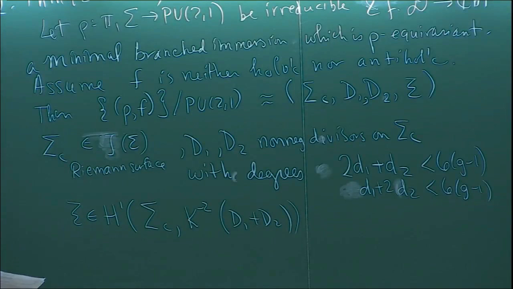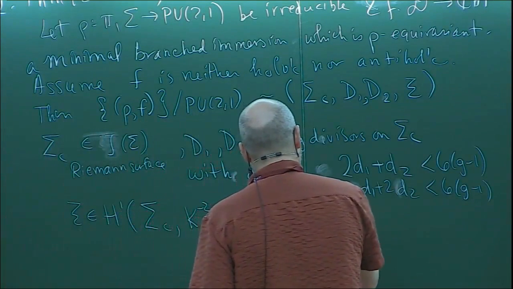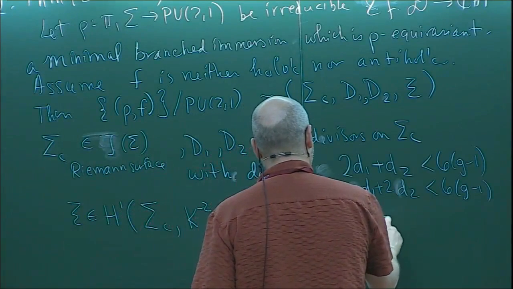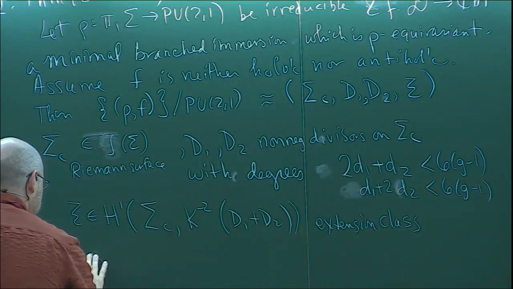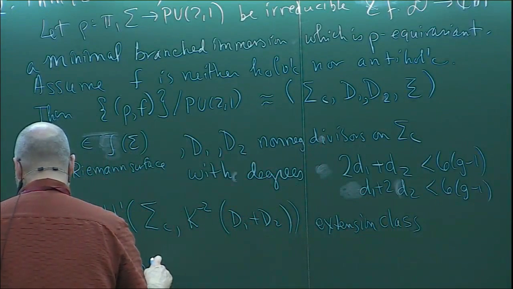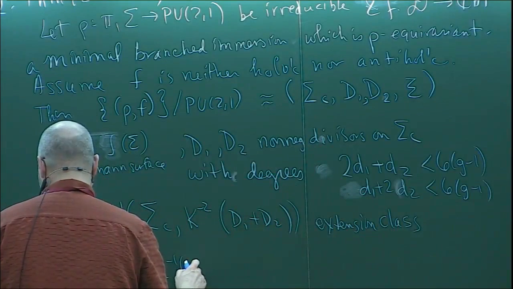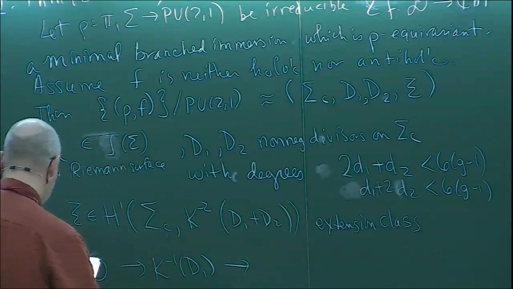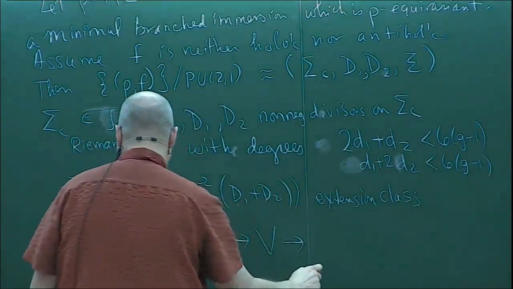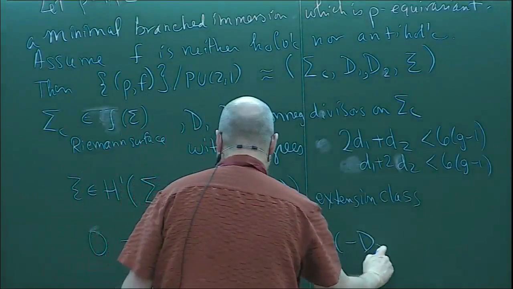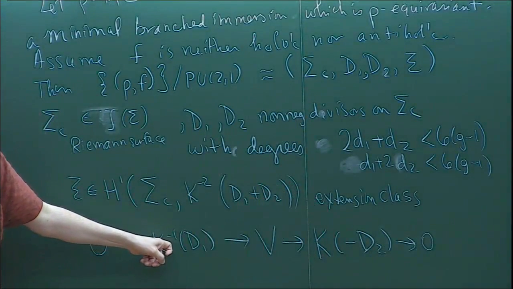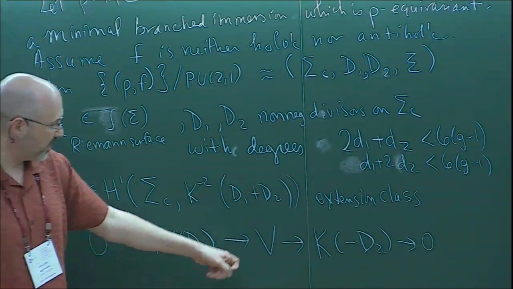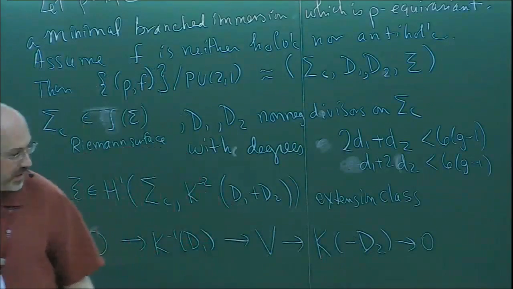So this cohomology class we think of as an extension class for the following sequence of bundles. These two are line bundles. This is the anti-canonical bundle twisted with D1, and this is the canonical bundle twisted with minus D2.